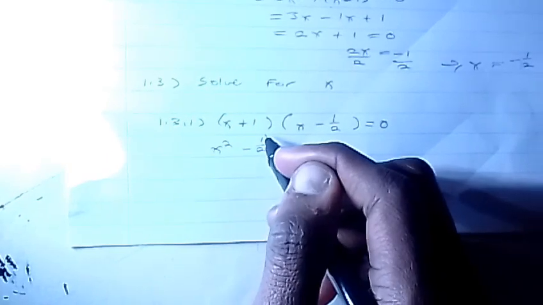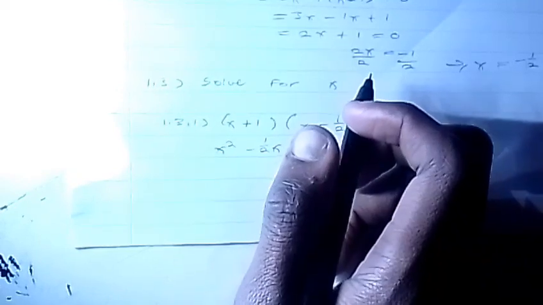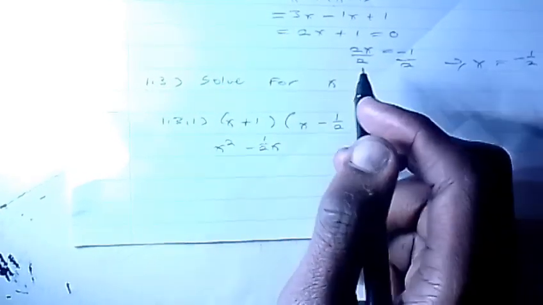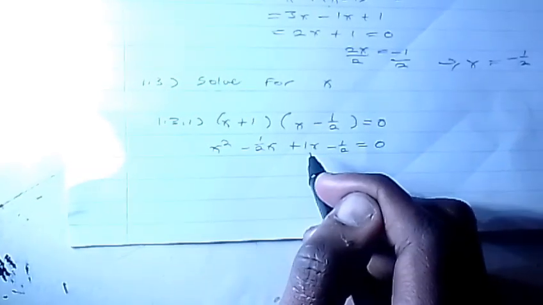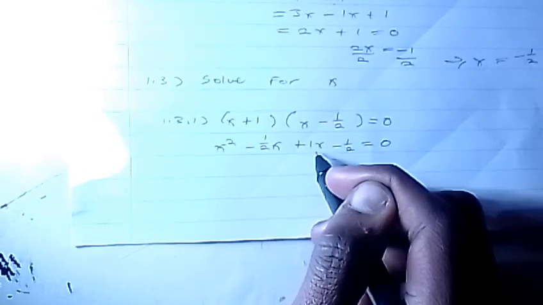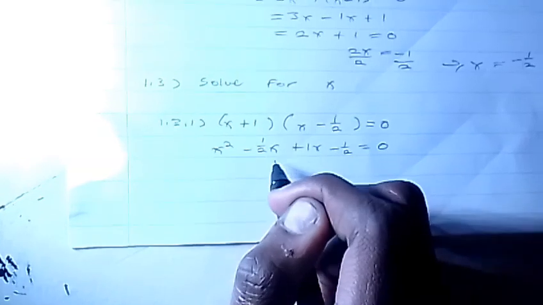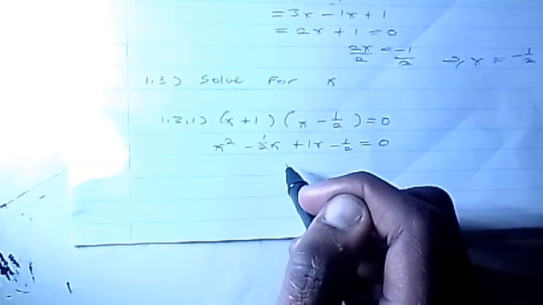Then 1 times x is 1x, and 1 times negative a half is negative a half. We continue: 1x minus a half equals 0. From there, this negative a half x plus 1x gives us positive half x.